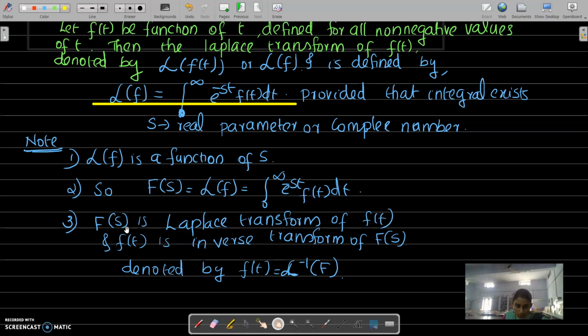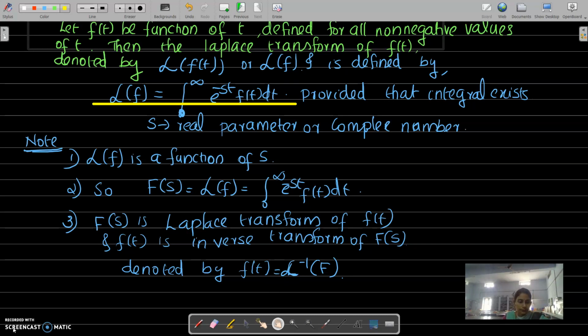F of s is the Laplace transform of small f of t, and we can also say that small f of t is the inverse Laplace transform of F of s. It is denoted by f of t is equal to L inverse of F.